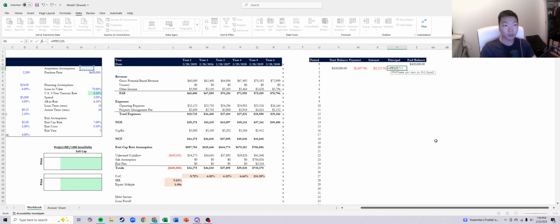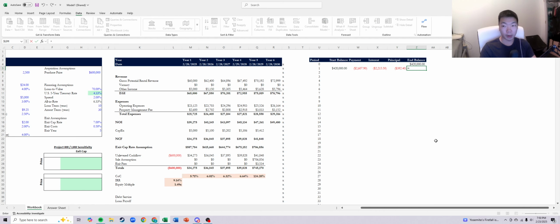Same thing for principal. It's a little repetitive, but once you do it one time, we can drag it down. So current period is 1. Number of periods. PV would be my loan balance, which is locked. Skip this one, 0.